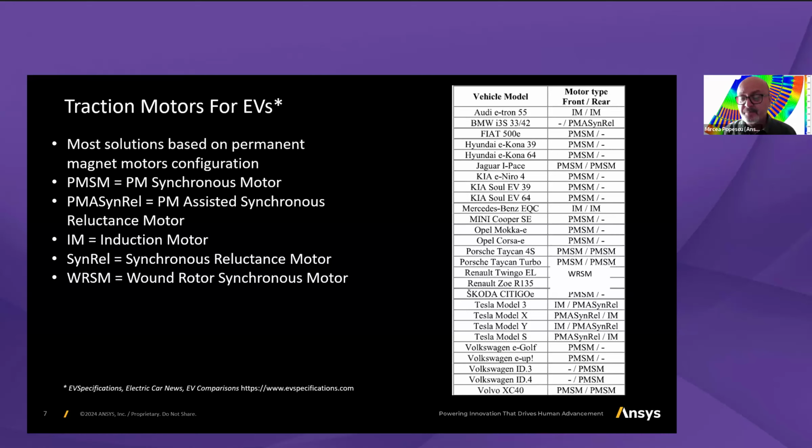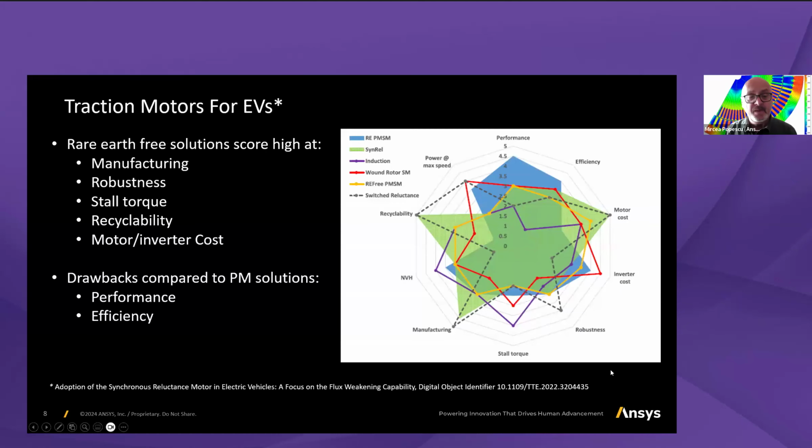The most well-known solutions are certainly either Tesla or Audi e-tron, and as well Mercedes-Benz EQC using double induction machines. A few exceptions are the wound rotor synchronous machine for Renault, and as well it's used in BMW, the latest release of electrical vehicles. But otherwise, you can see it's dominated by PMSM almost everywhere.